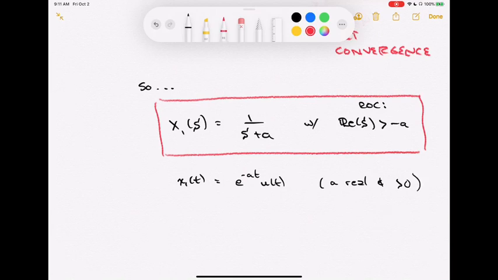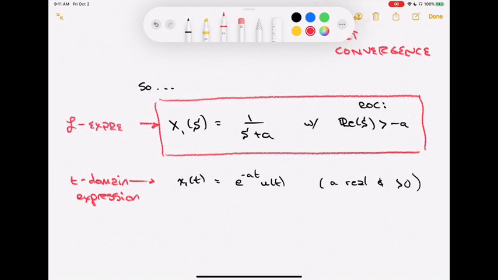So take a look at this guy. That's our time domain, t domain expression. And this one up here is our Laplace transform, our Laplace expression. It's our transform domain.